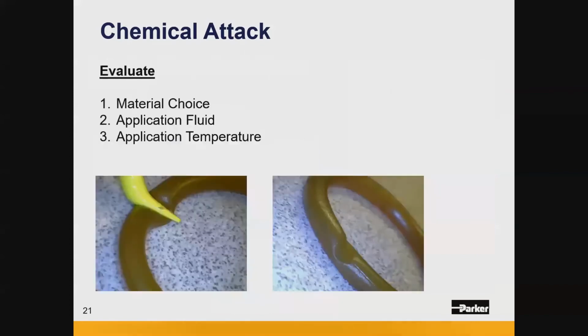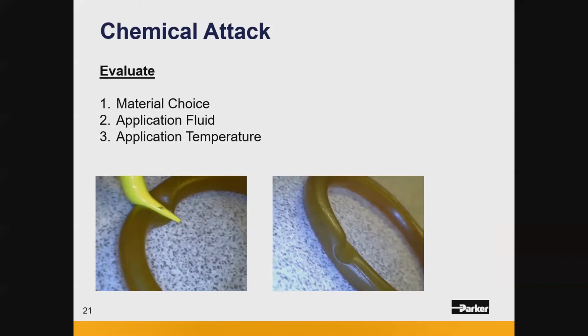So for chemical attack, what will parts look like? Well, when they're removed, if they are soft and gummy or have excessive swell, and what I mean by excessive swell is you have the original cross-section size, and once it's been exposed to a media or fluid that it's not compatible with, the seal will either grow substantially or it could also shrink. Sometimes components or portions or chemical structure of a seal can leach out and cause the material to shrink.